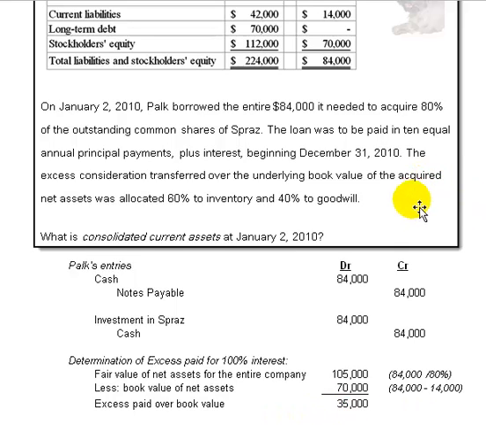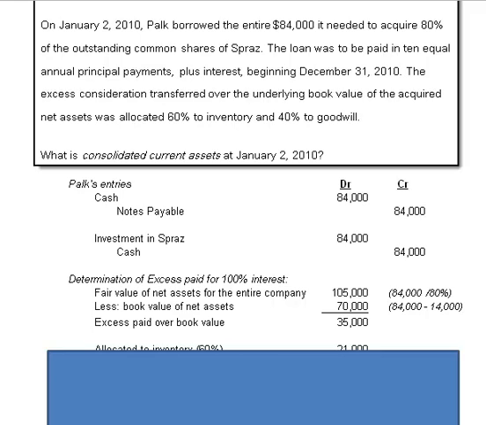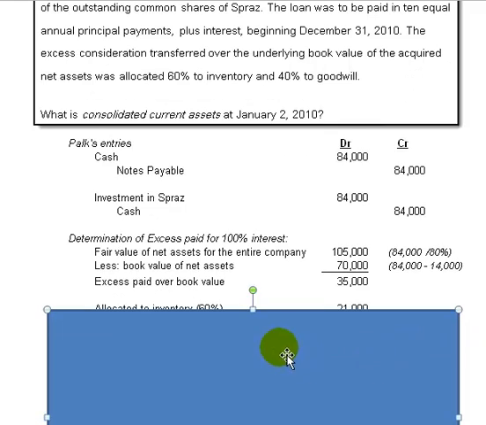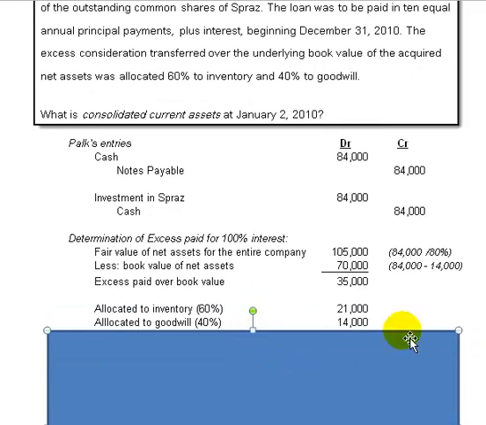But they tell us we have to allocate 60% to inventory and 40% to goodwill. So let me slide up a little bit more. We'll show that. Okay, there's our allocation, 60% to inventory, 40% to goodwill. How did I do that? I took the $35,000 times 60% and the $35,000 times 40%.